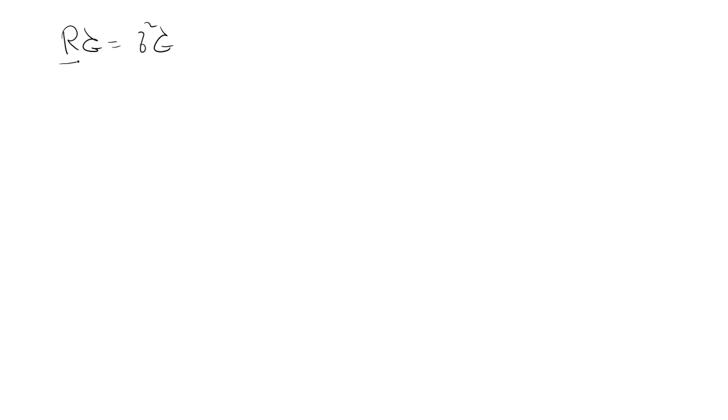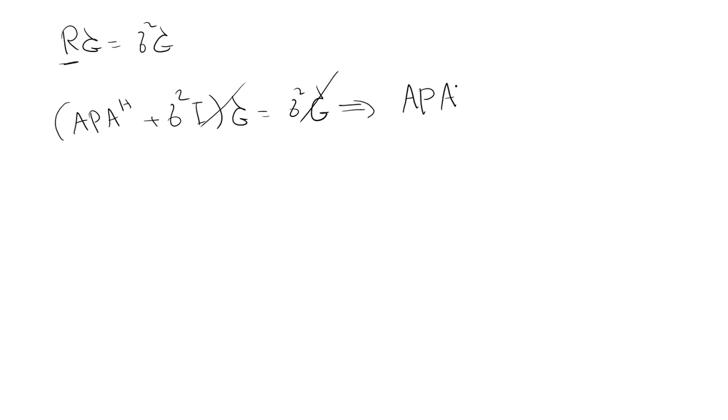I substitute R with A P A Hermitian plus sigma squared I. We can cancel these terms, and finally we have A P A Hermitian G equals 0. A P has the rank of N, and A Hermitian G is the linear combination of columns of A P. Because the rank of A P is N, the columns of the A P matrix are independent.